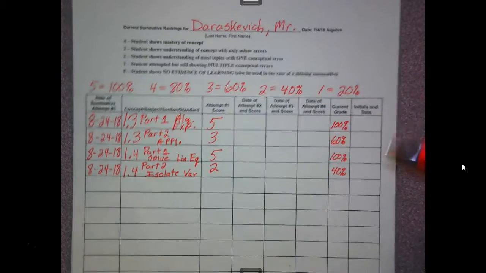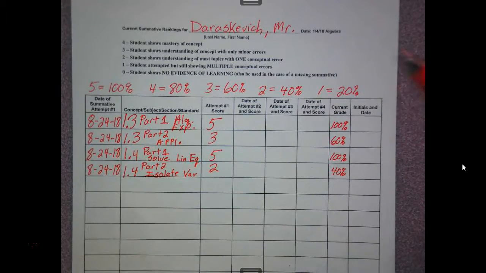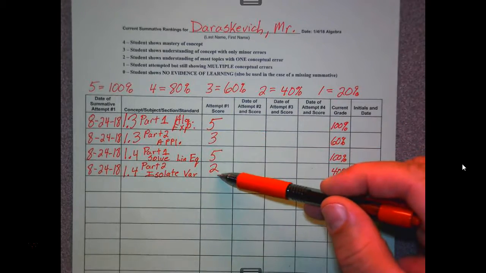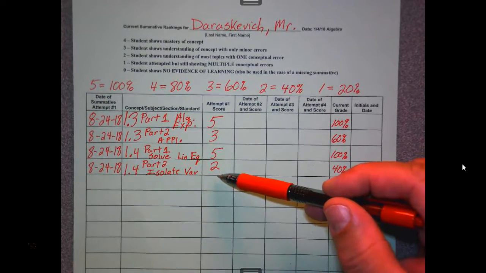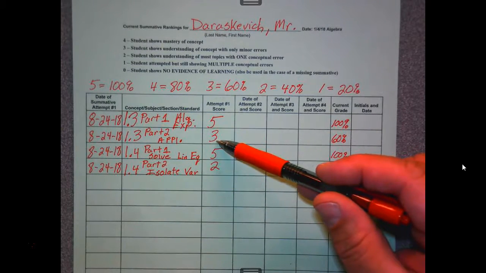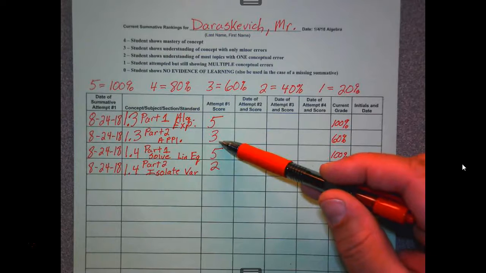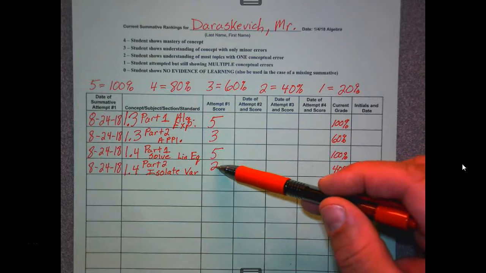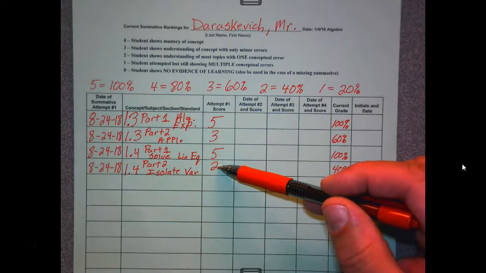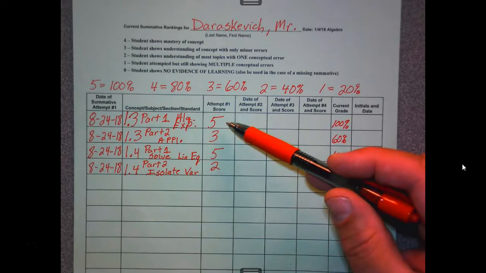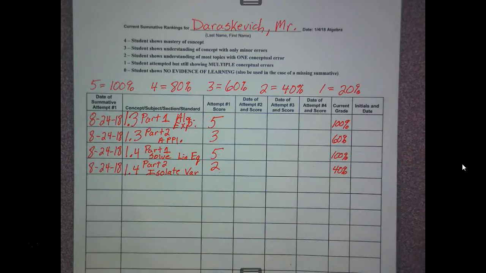Now, I can do it either way. I can add these 4 up together, take the average. So 5 plus 3 is 8, plus 5 is 13, plus 2 is 15. And 15 divided by 20 is going to be 75%, right?